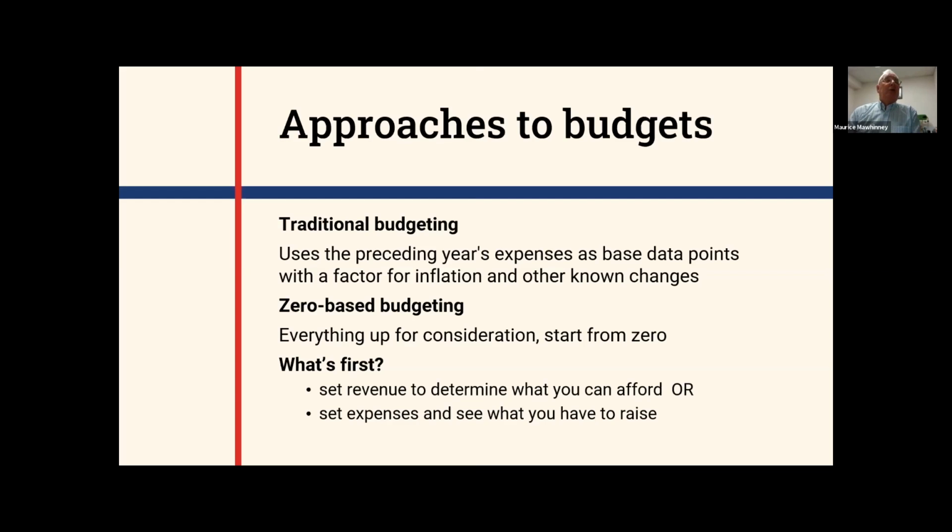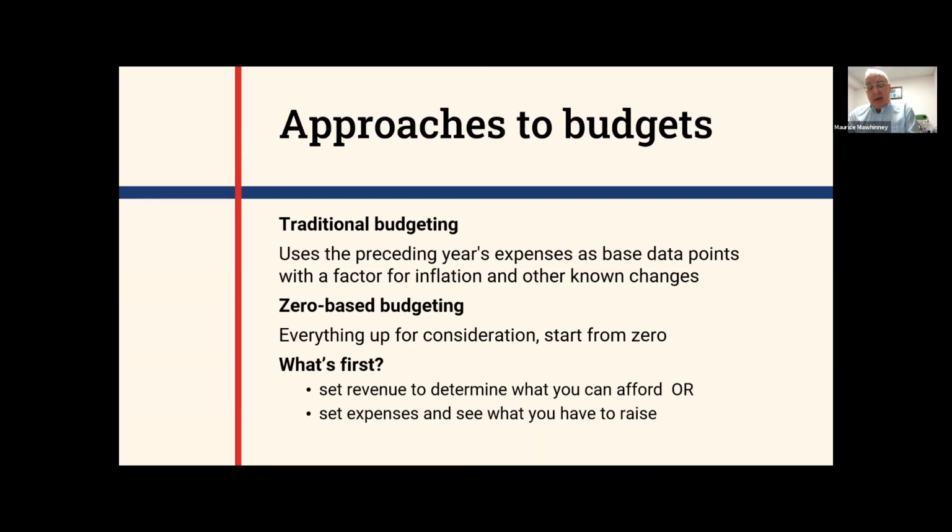The other item is zero-based budgeting, where you start from zero and then work up from each of them. Traditional budgeting is a simplified system and is done regularly with a similar approach. Zero-based budgeting is quite complex, since it encourages re-evaluation every time you go through it.